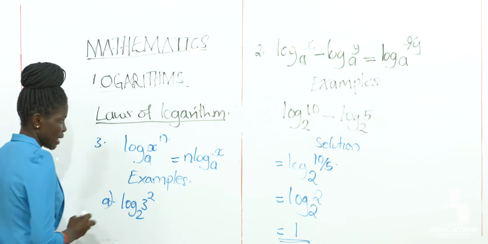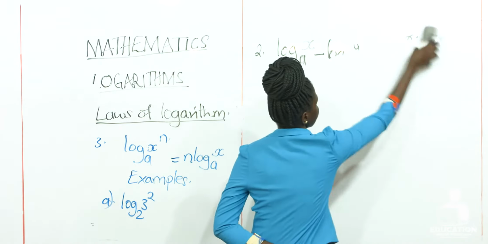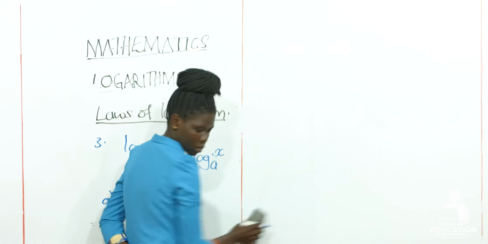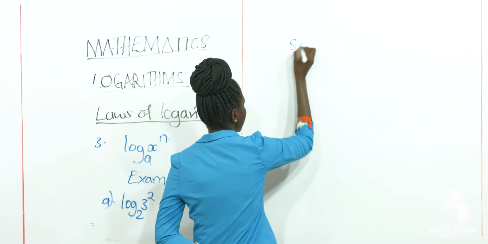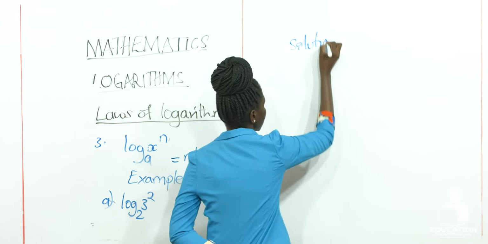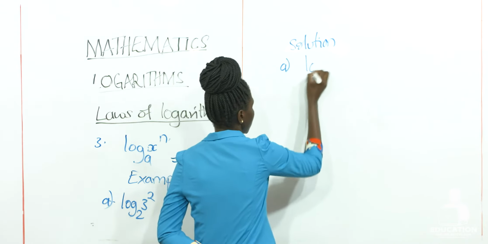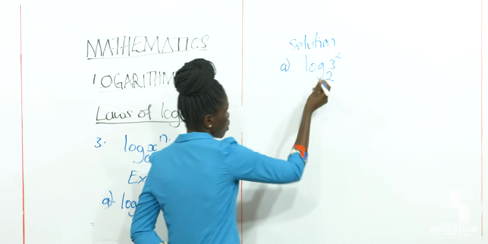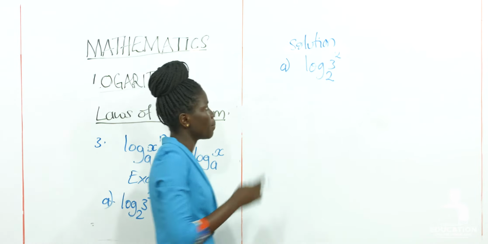When given a number like this one, we're going to have the solution here. Our number, which is A, is log 2 of 3 to power 2. We said according to our third law, we drop the power being given, and in this case our power is 2.